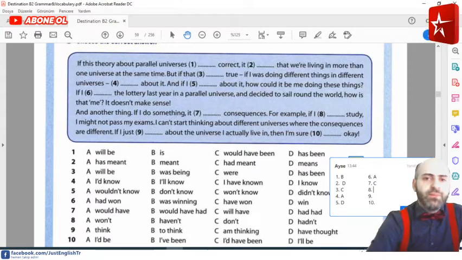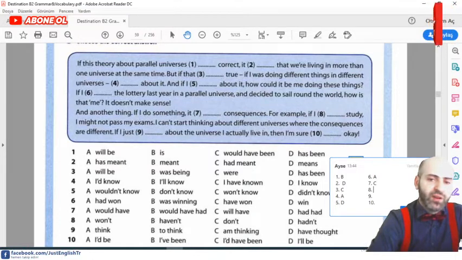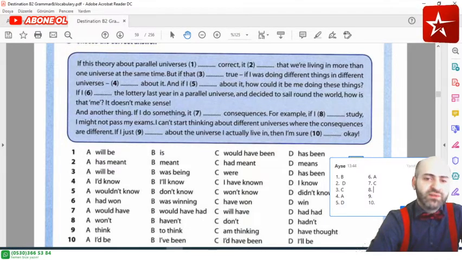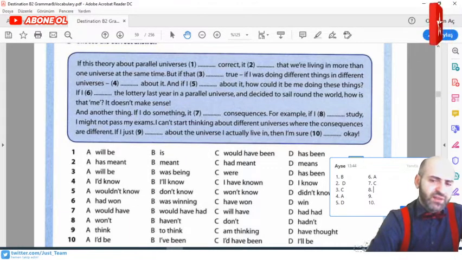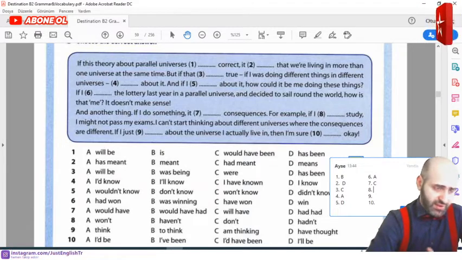Definitely we need C. For example, if I won't study, have not studied, don't study, had not studied, I might not pass my exams. Which one do we need in number 8? Won't, have not, don't, had not. I think this one is very easy because two answers are totally wrong.